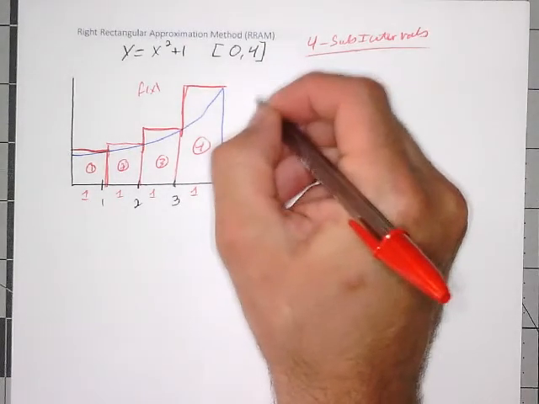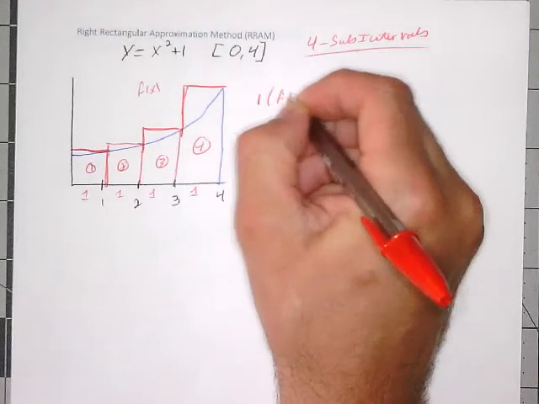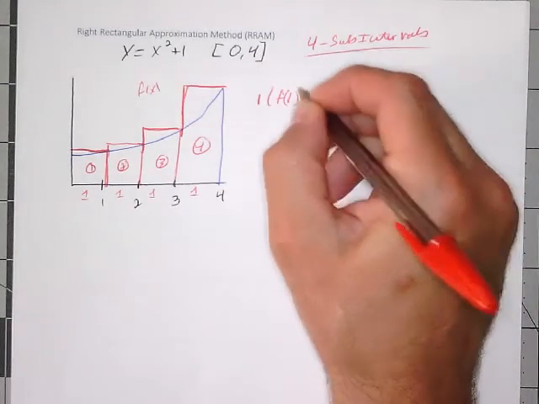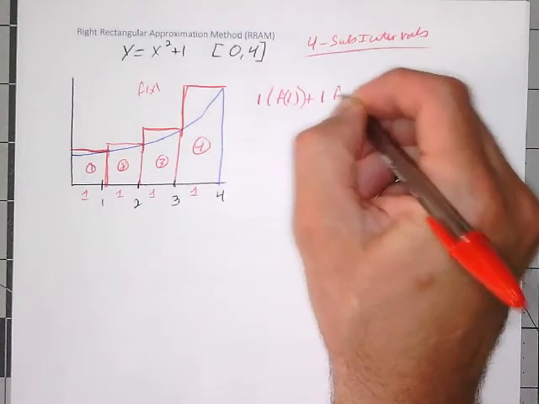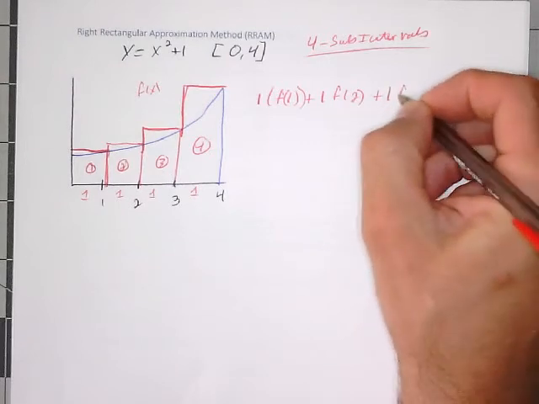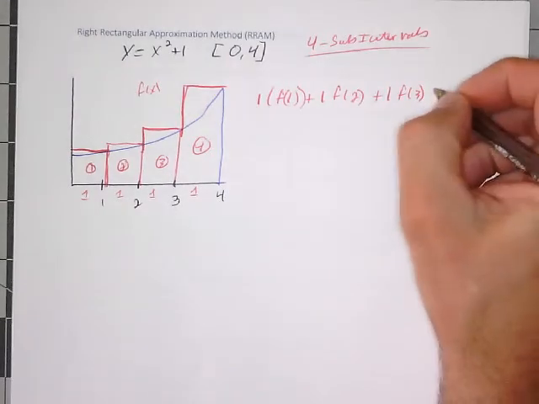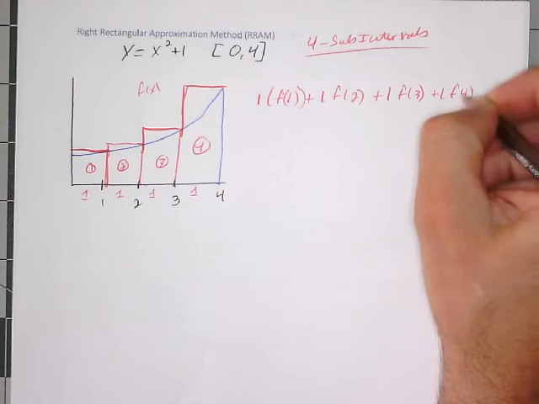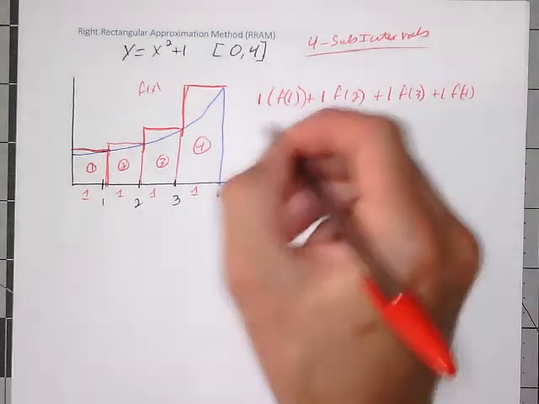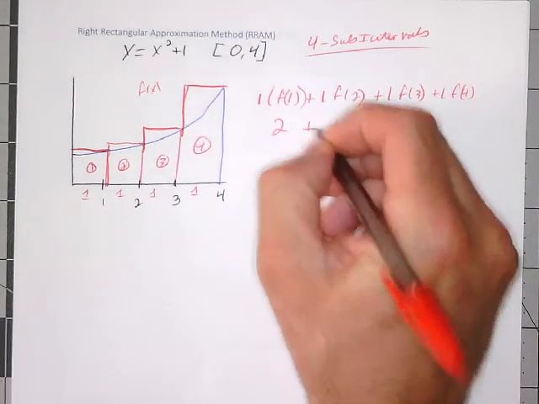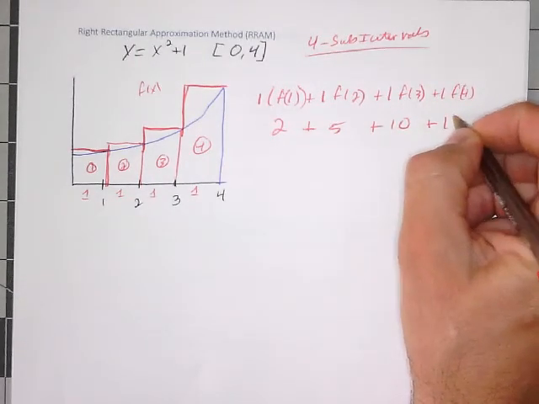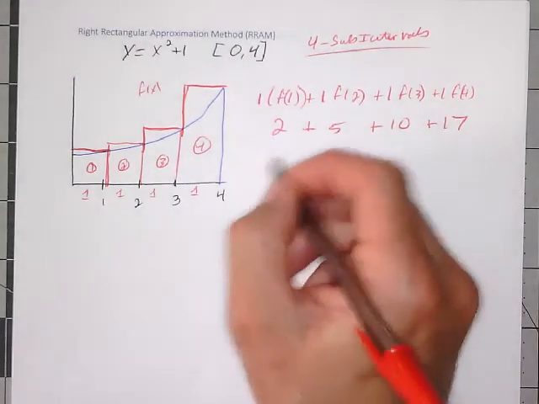So for 4 subintervals, it's going to be 1 times f of 1 plus 1 times f of 2 plus 1 times f of 3 plus 1 times f of 4. So this becomes 2 plus 5 plus 10 plus 17.